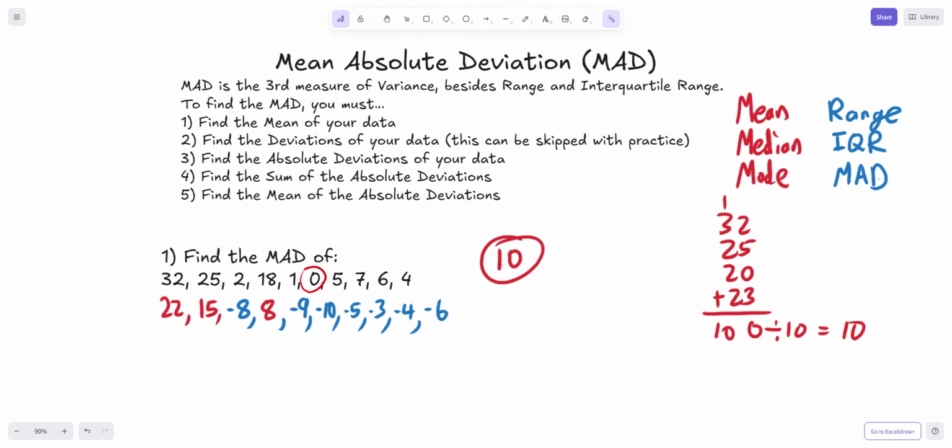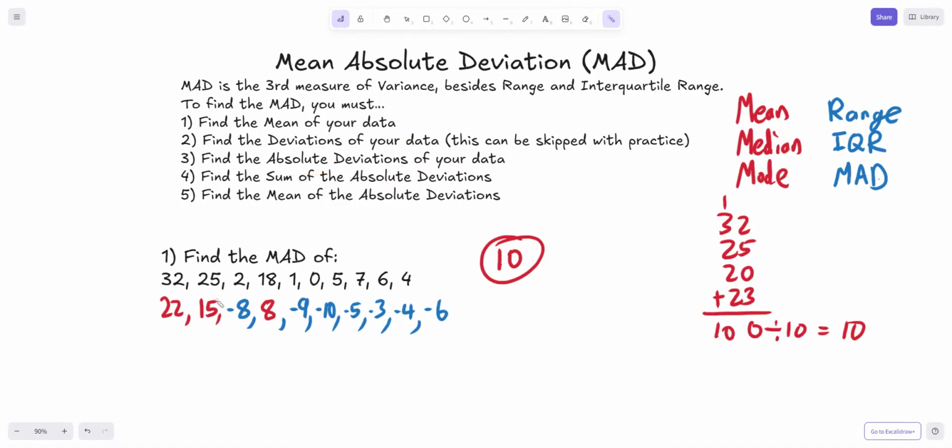For example, 0 is 10 less than the mean. 6 is 4 less than the mean. 25 is 15 more than the mean. Okay, so this step we'll skip because we'll go straight to absolute deviations. Absolute deviations, like absolute value, is just the positive version, right?